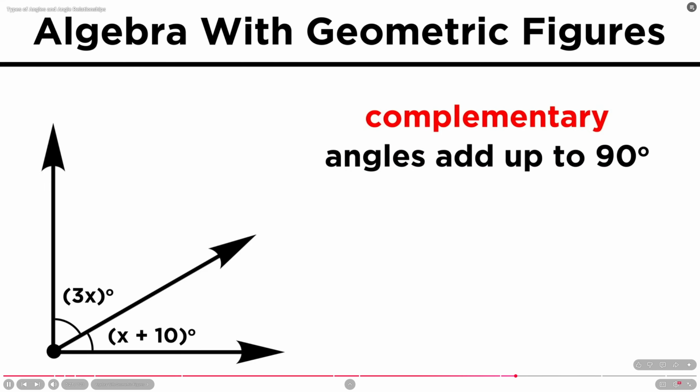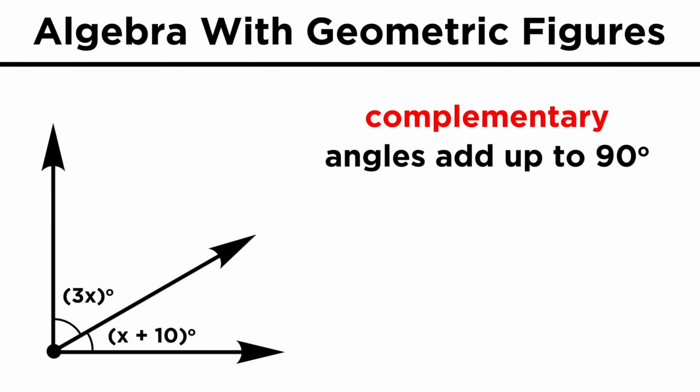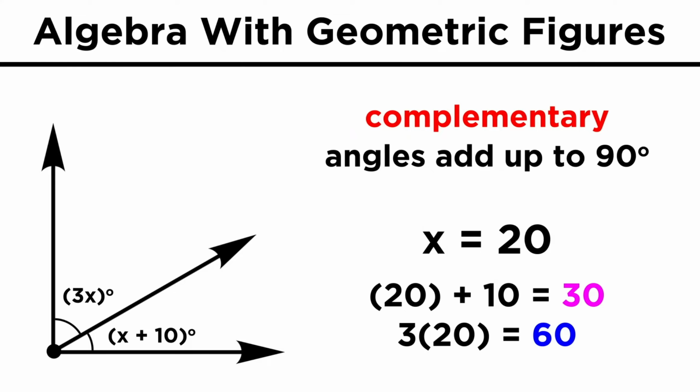We just use the definition of complementary angles. They must add up to 90 degrees, so we make an equation, combine like terms to get 4x plus 10 equals 90, subtract 10, and divide by 4, which gives us 20 degrees for x. Plugging in 20, that makes the angles 30 and 60 degrees.